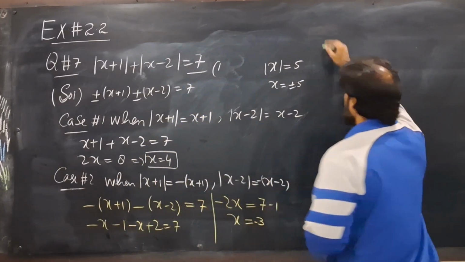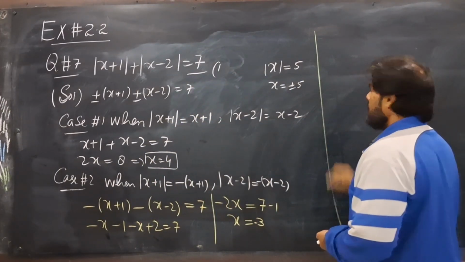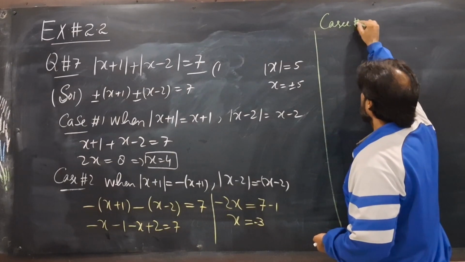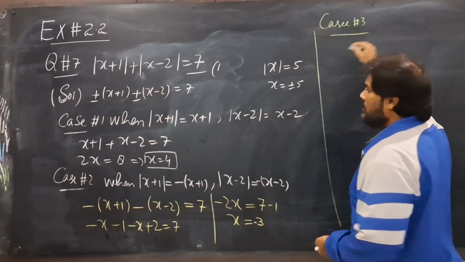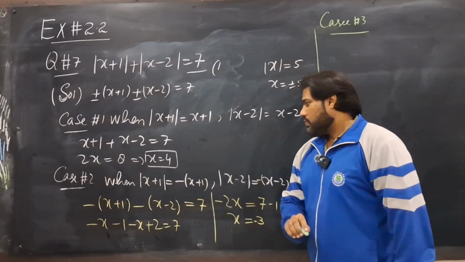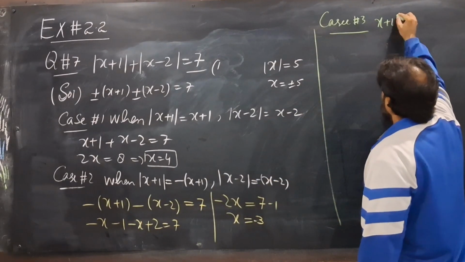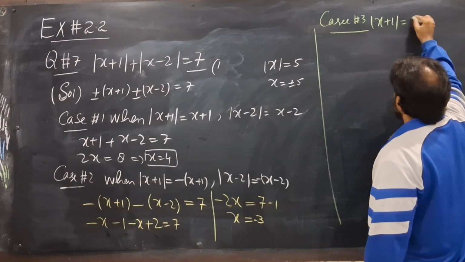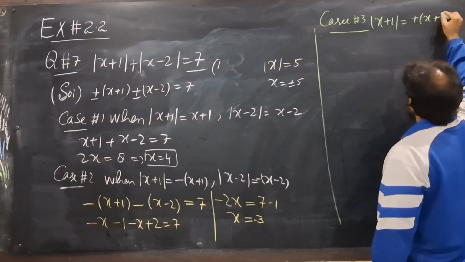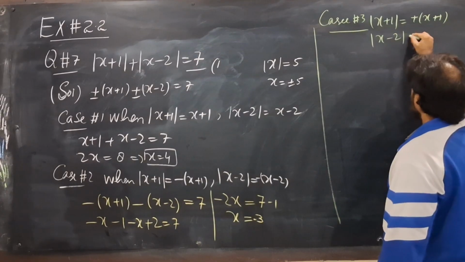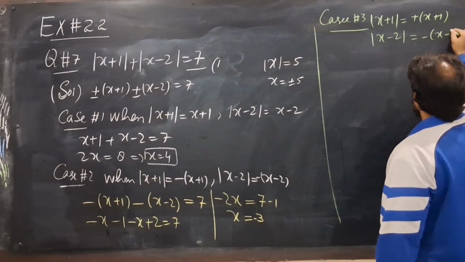The possibility number 3, case number 3. If the absolute value of the first is positive and the second is negative, that is, the absolute value of x plus 1 is positive x plus 1, but the absolute value of x minus 2 is negative, minus x minus 2.